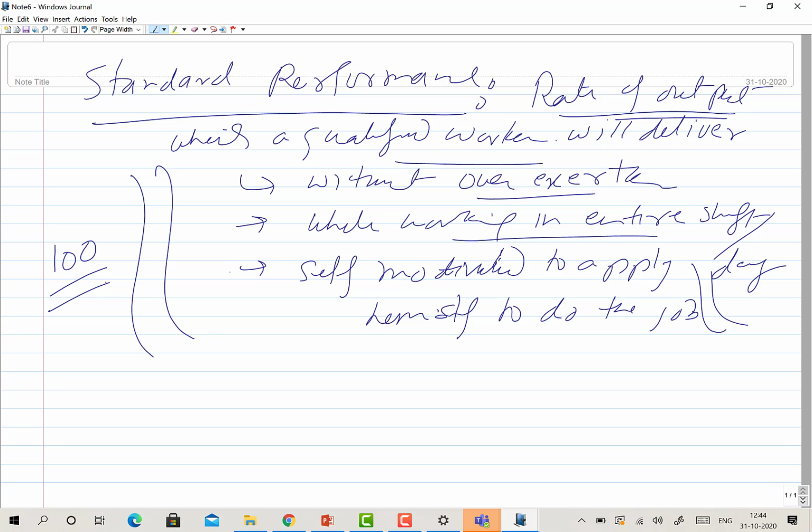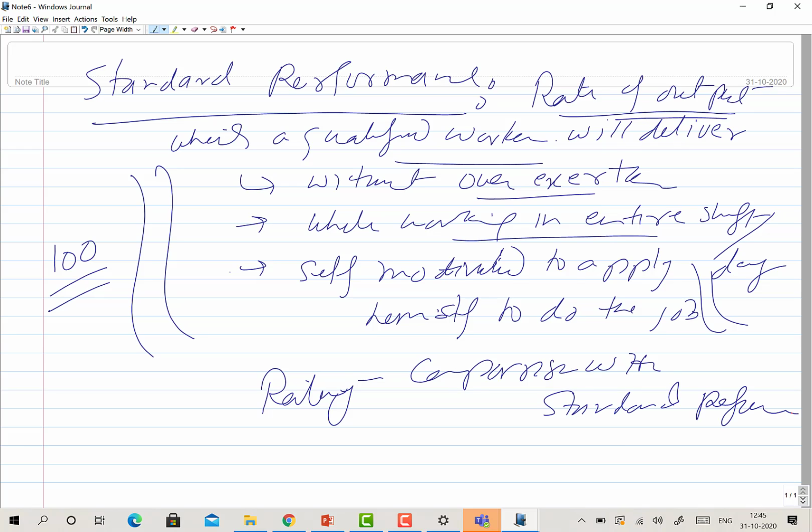So basically there is always a comparison. Whenever the worker's performance is rated, it is a comparison of the worker's performance with the standard performance.